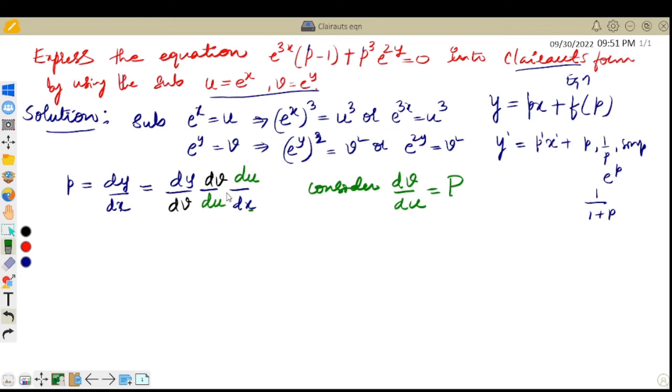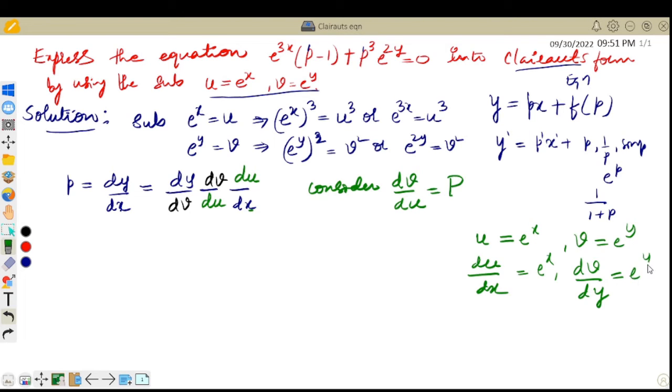For that, students, you can take the substitution here and calculate it. What is the substitution here? We have u is equal to e raised to x and v is equal to e raised to y. You differentiate u with respect to x. Differentiation of e raised to x is e raised to x, and similarly differentiate v with respect to y, so e raised to y is e raised to y.